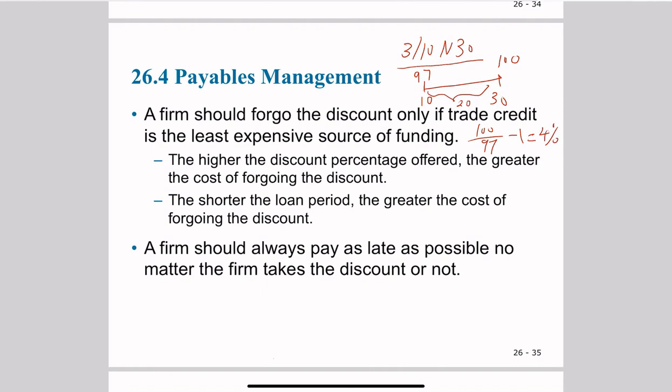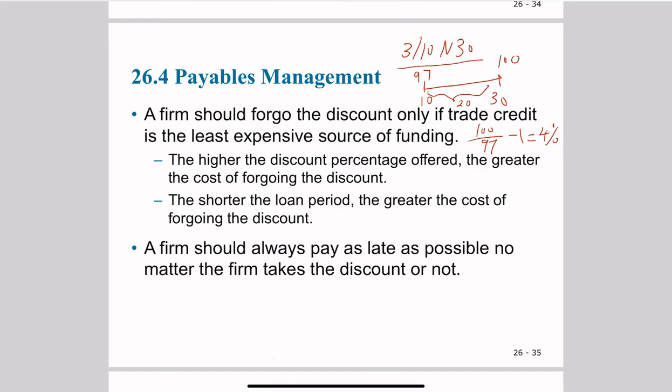Now, if you can obtain some financing from a bank, which has an interest rate of 3% over a 20-day period, then in this case, you should definitely obtain the loan from the bank and use the loan to pay your supplier to take advantage of the 3% discount. And then at the end of day 30, you will pay back your bank, right? Of course, if this 4% rate is the best you can get, then you will wait and pay your supplier on day 30.